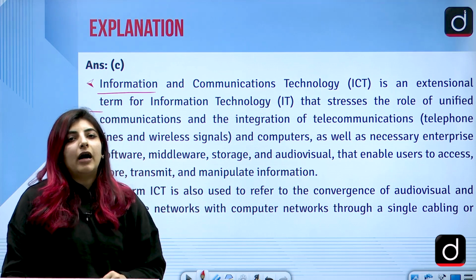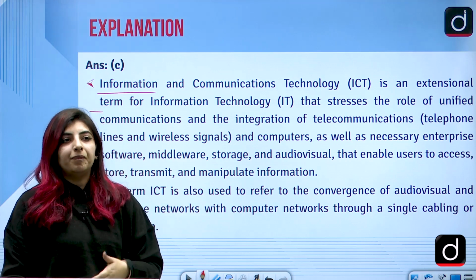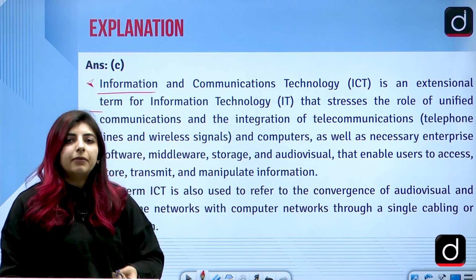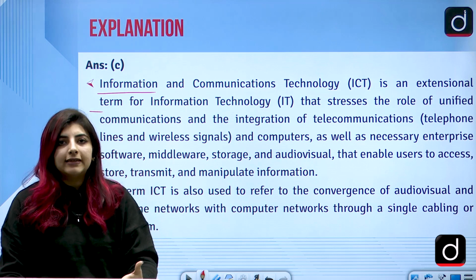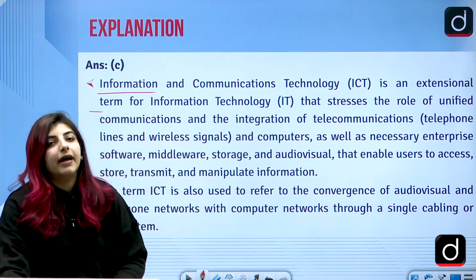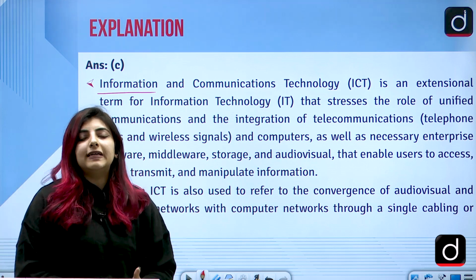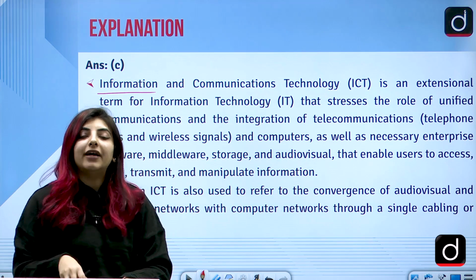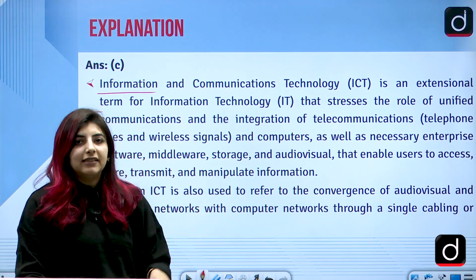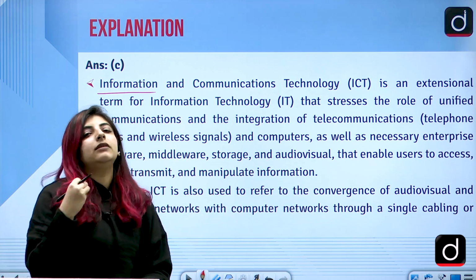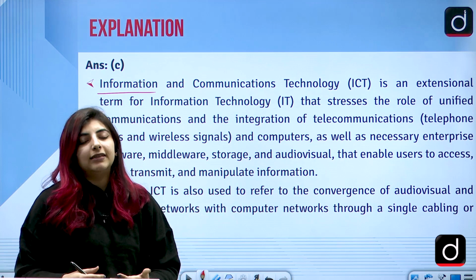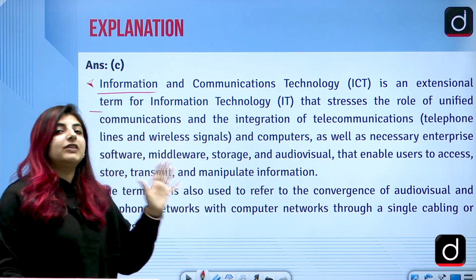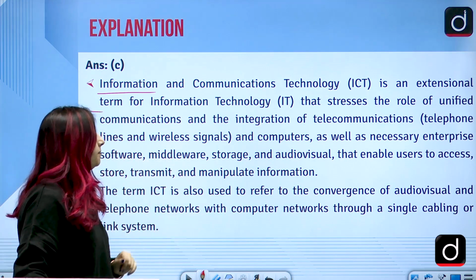Even the e-services that we get, Amazon, Flipkart, Snapdeal, where we order certain things, Myntra, Ajio, etc., all of these are provided to us because we have ICT, right? And there are certain models as well, which we will be talking about in the upcoming classes. But for now, let's see the explanation we have here.